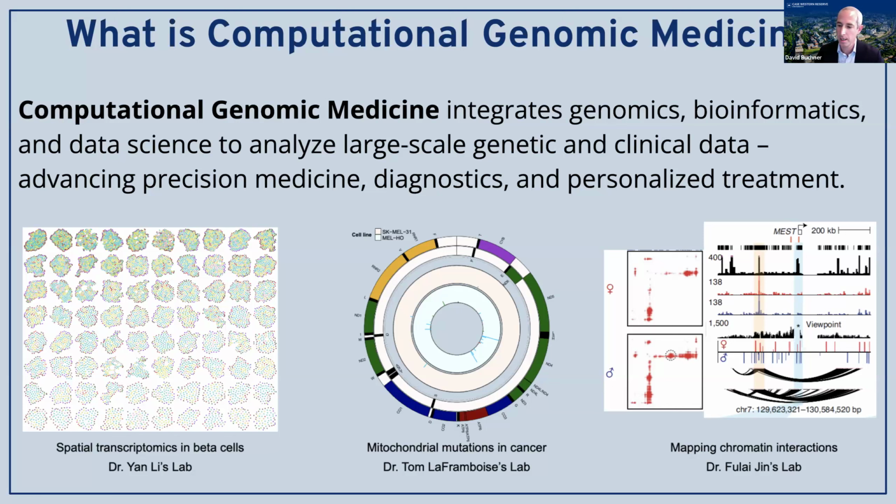And on the right is data from Fulai Jin's lab, where he's pioneered an interesting way of looking genome-wide at chromatin-chromatin interactions, called loops, and how these regulate gene expression in different cell types and tissue types, and how those loops are altered. His lab focuses on both cancer and diabetes risk, and whether we can use those to improve diagnostics or treatments of those disorders.